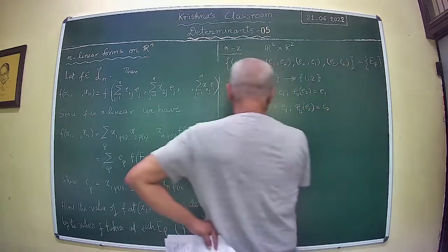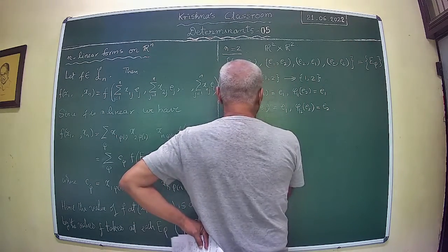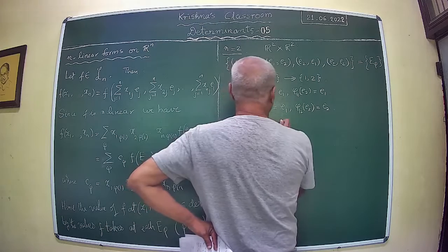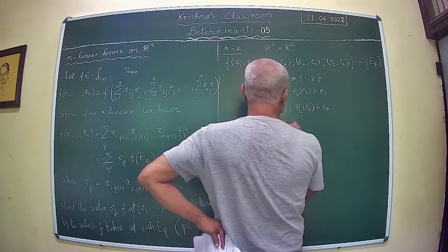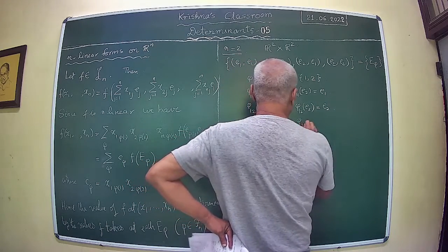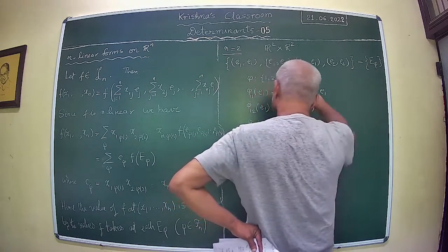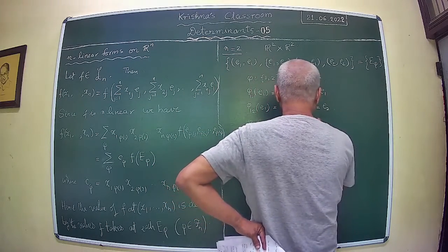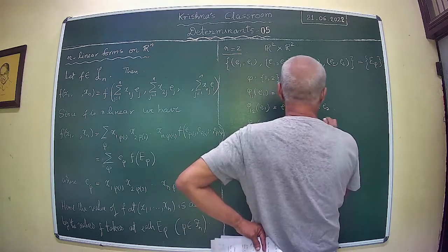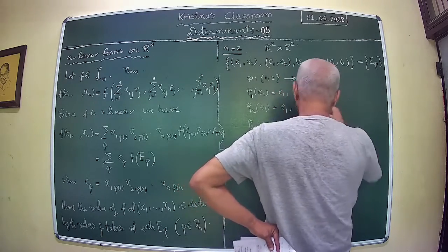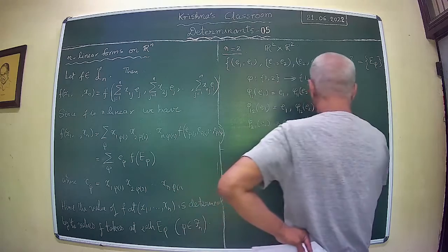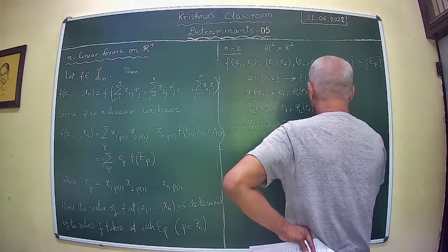Then you have phi 2 1 of E1, I define it as E2, phi 2 1 of E2, I define this as E1.